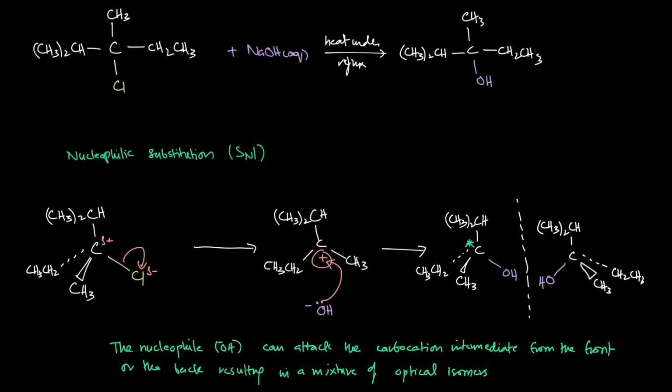Specifically, these are called enantiomers, non-superimposable mirror images of each other. This is your mirror plane over here.